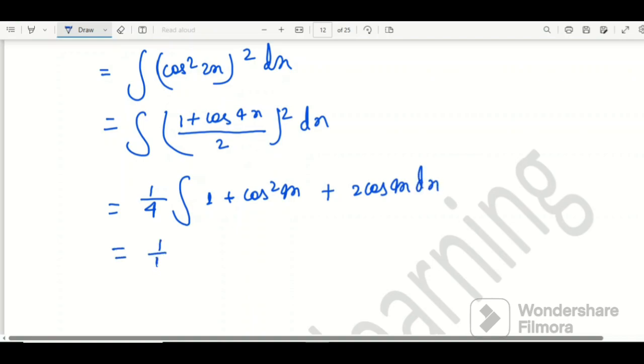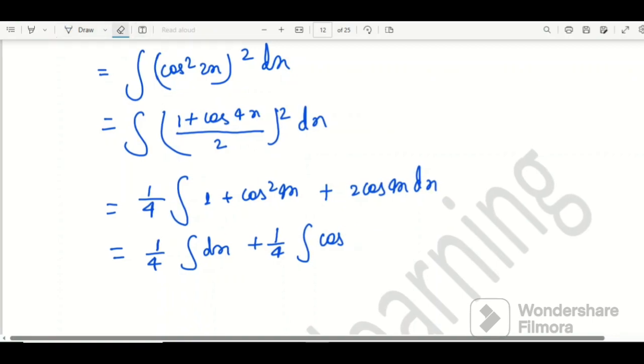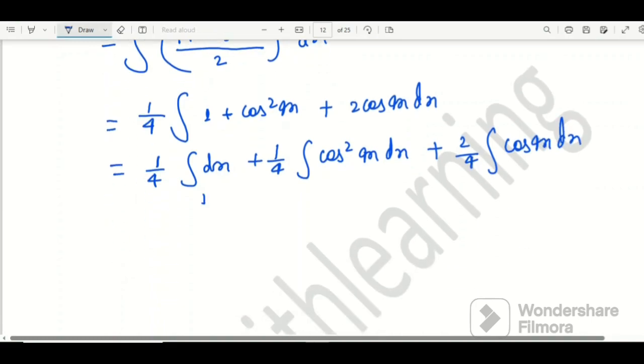So now again here we'll have 3 integrations: dx, plus 1 by 4 cos square 4x dx, plus 2 upon 4 integration cos 4x dx. Again we can integrate this easily, and this also. This is third and this is second.